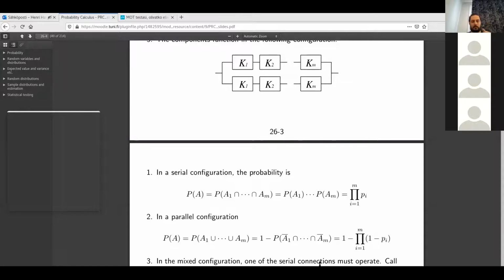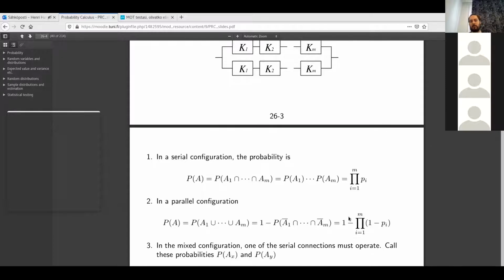But here we can use De Morgan's law. The probability is 1 minus the probability of none of them working. And none of them working is simply the intersection of the complements of all of them. And remember, because these Ai are independent, the complements of Ai are independent, so we get this formula.